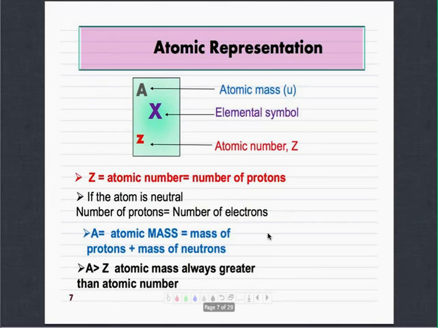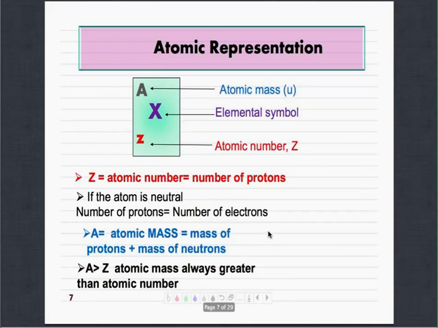But in most references, you see that A equals the number of protons plus the number of neutrons. I think most of you saw that in high school. Is it right to say that A is the number of protons plus neutrons? It is no, and it is yes.